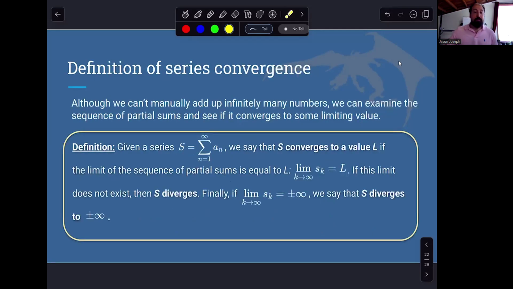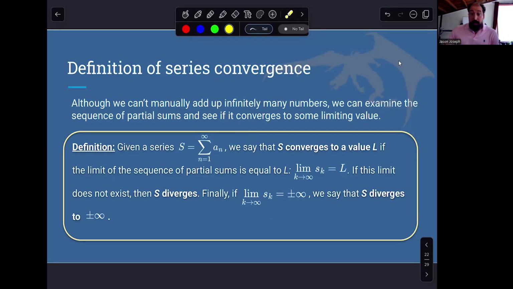So here's the definition of series convergence. Although we can't manually add up infinitely many numbers, we can examine the sequence of partial sums and see if it converges to some limiting value. So this is the definition of convergence.